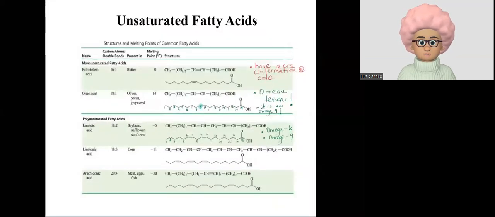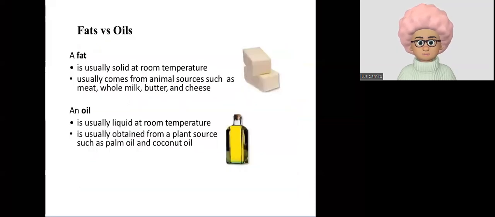So now that we understand at least what a saturated fatty acid is, what an unsaturated fatty acid is, and we have looked at some of their properties, let's define what is a fat versus what is an oil. Fats and oils are defined by the source where they come from.